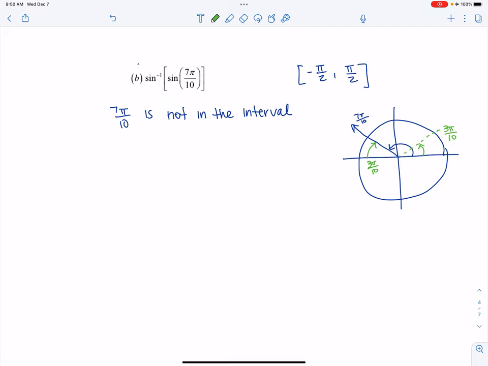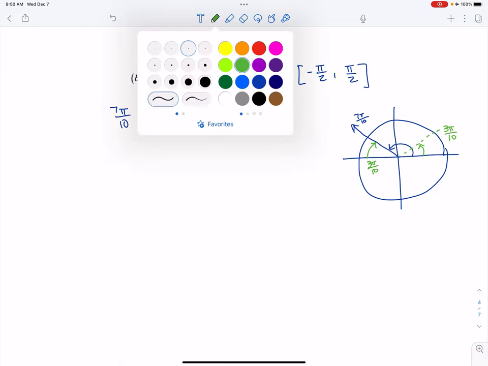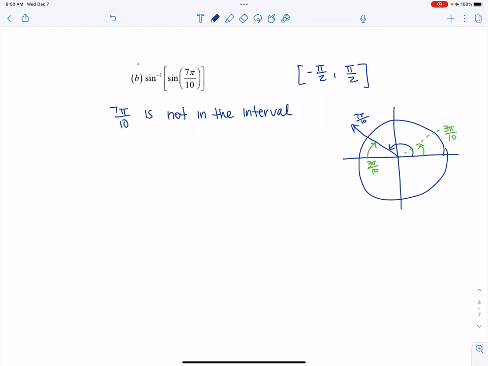And now that's inside of our interval. So instead of having sine inverse of sine of 7 pi over 10, we're going to rewrite it in our interval, sine inverse of the sine of 3 pi over 10.